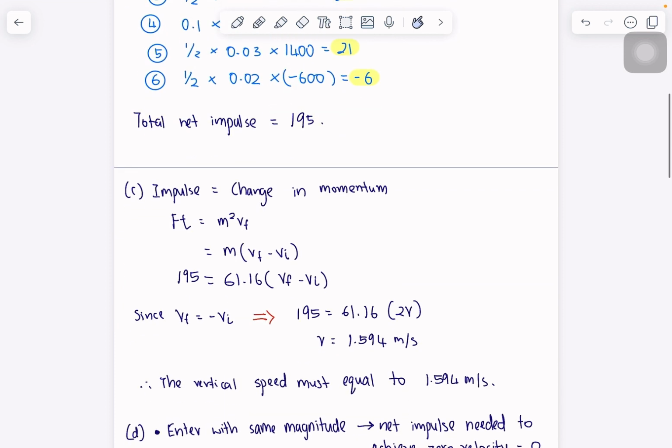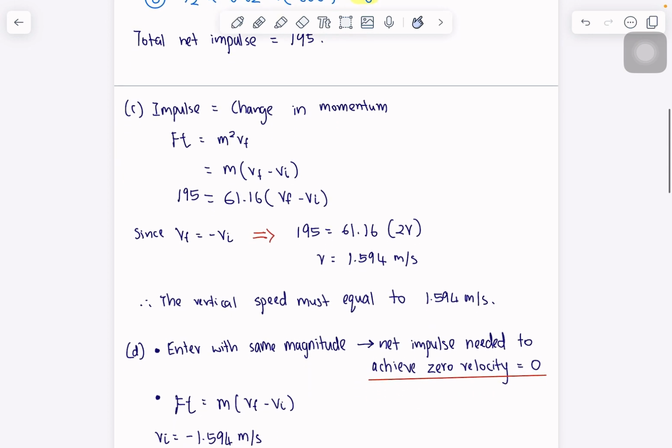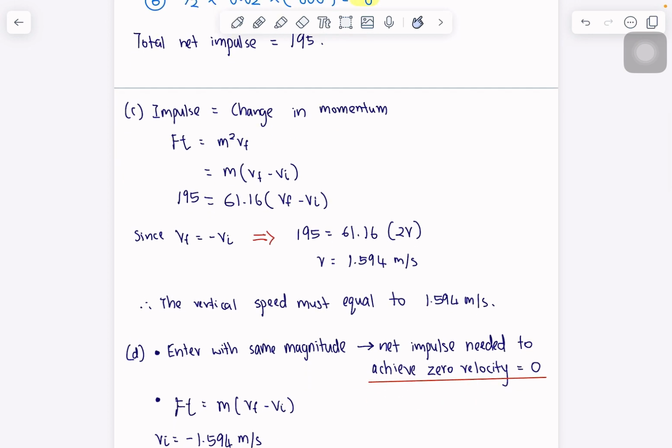For question 3c, if she leaves the ground with the same center of gravity vertical speed as she lands with, what must the speed be? In this case, we can use the formula impulse equals change in momentum. So Ft equals m Vf, and we change the formula into m times (Vf minus Vi).